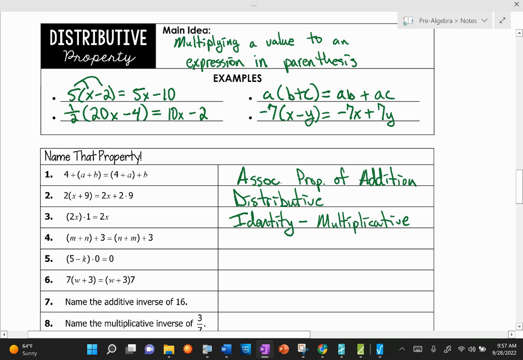You don't need the multiplicative. Number 4. Number 5. Number 6.